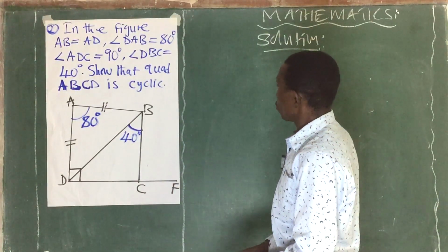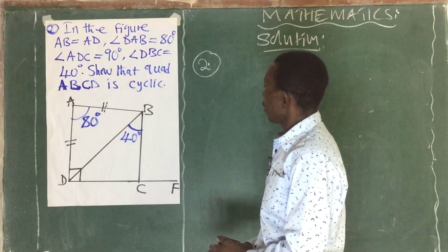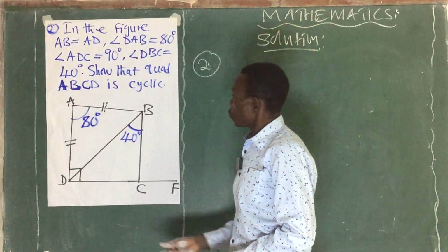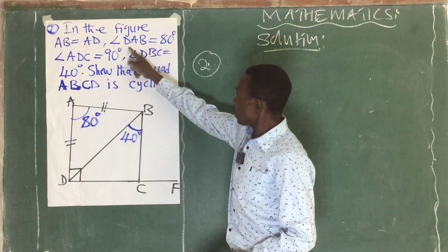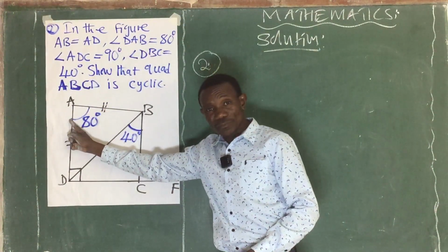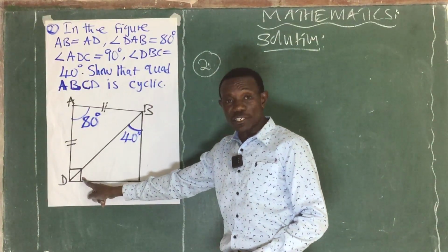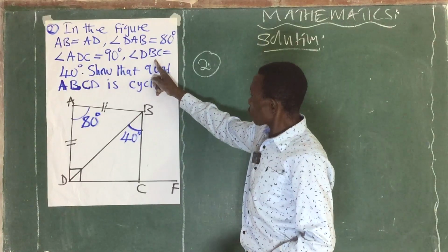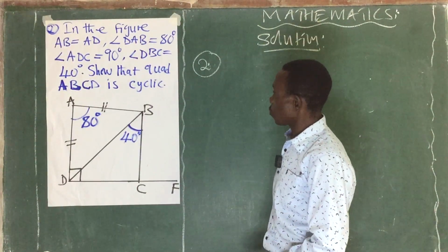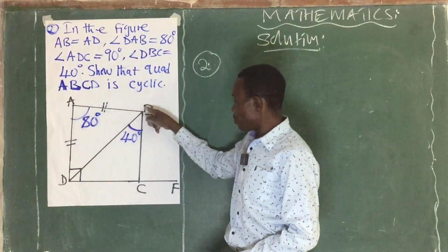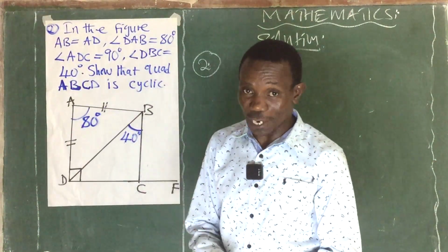Question 2 goes like this. In the figure, AB is equal to AD. Angle DAB is 80 degrees. This angle is right angled, 90 degrees. We also have this angle as 40 degrees. The question asks us to show that ABCD is a cyclic quadrilateral.